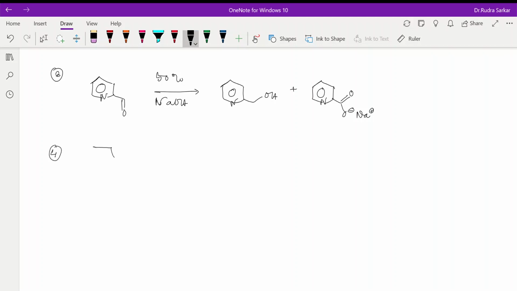Few more examples. Just make one alcohol and the other one will be your acid. Okay.